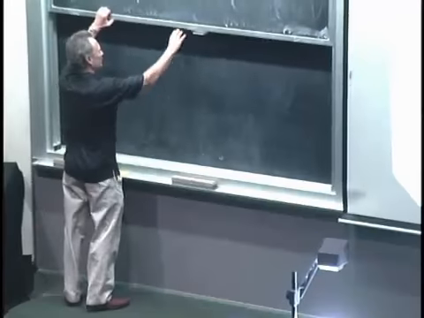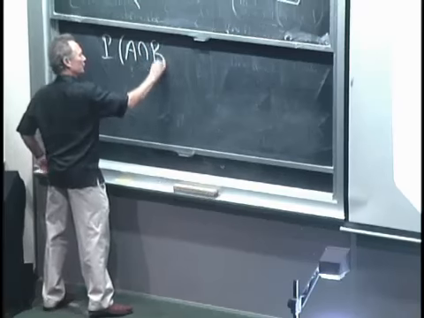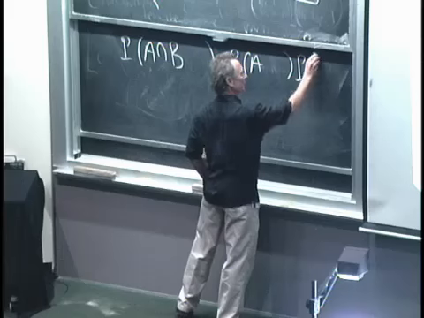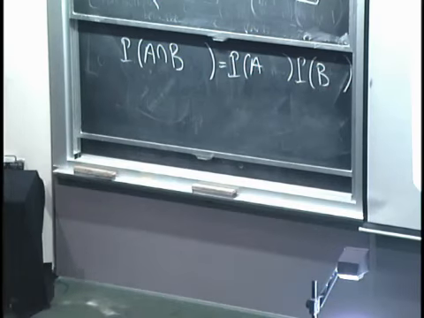Independence was defined by the equality that probability of A intersection B is equal to the probability of A times the probability of B. What would be a reasonable definition of conditional independence?